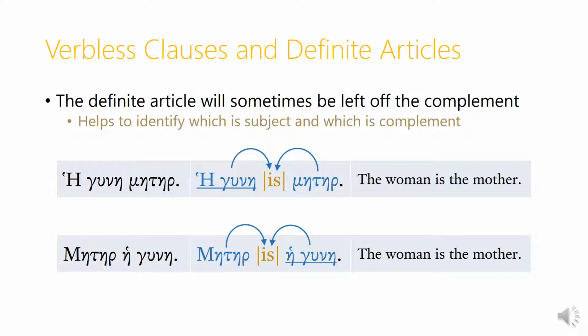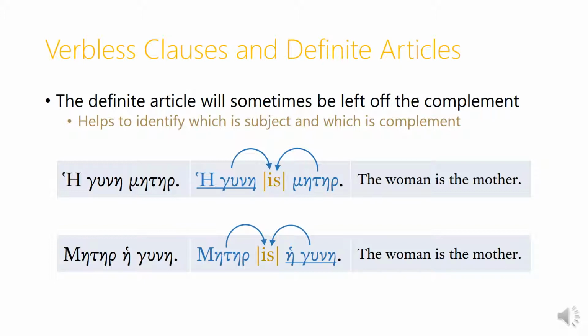In this case, the article will be left on the subject and will be left off the complement. He gune meter might mean the woman is a mother, but it also might mean the woman is the mother. Even though the definite article isn't in front of meter there, because this is a verbless clause, it might have been left off just so that it's clearer which word is the subject.